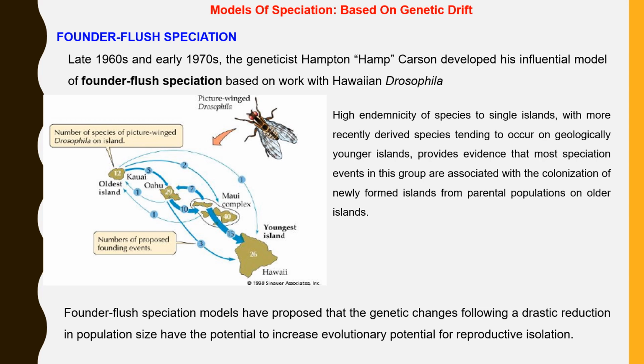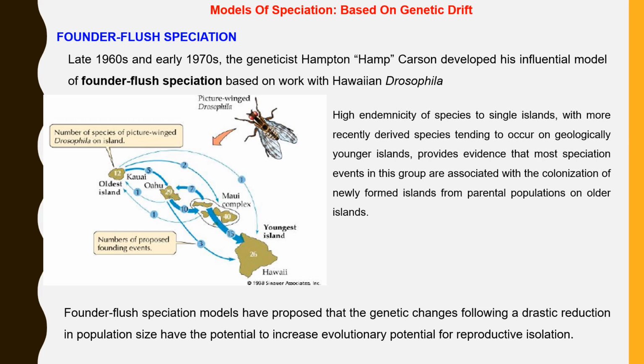The high endemicity of species in a single island and the occurrence of new species in geologically young islands provide evidence that speciation events are associated with colonization of newly formed islands.